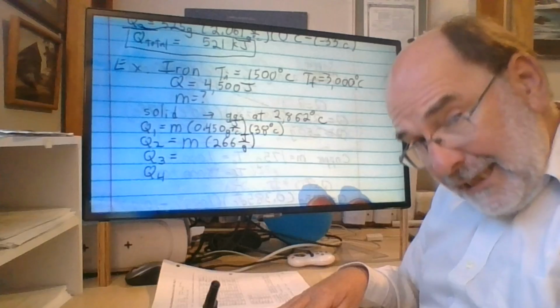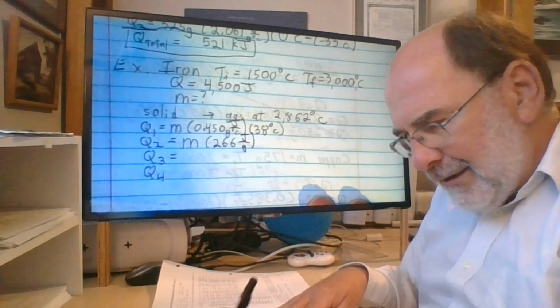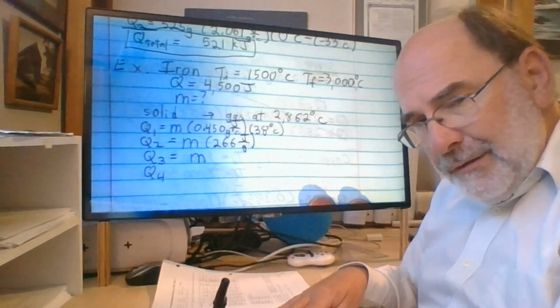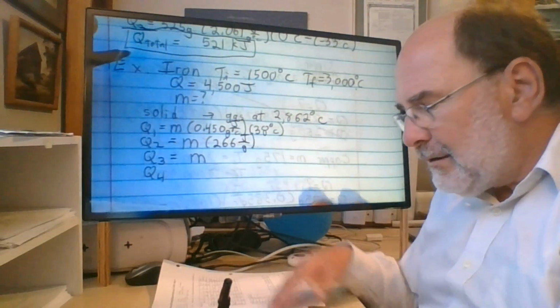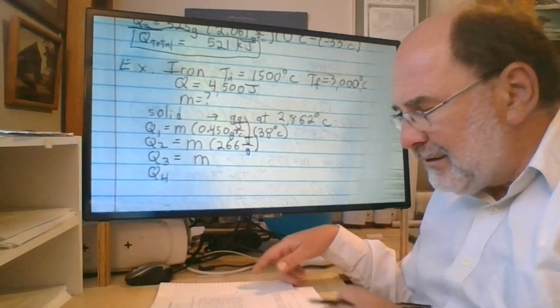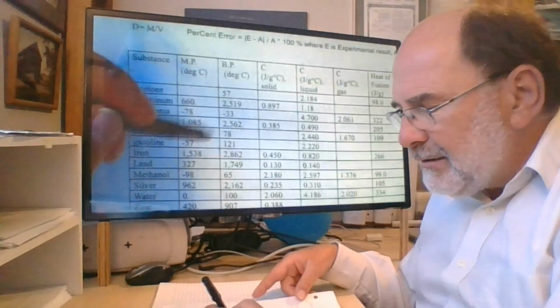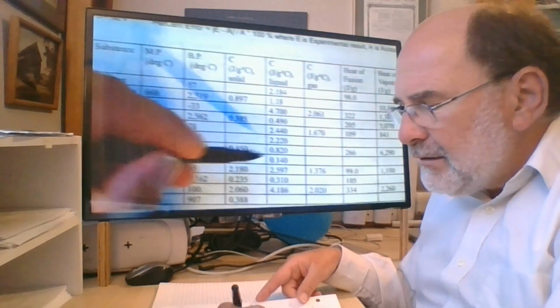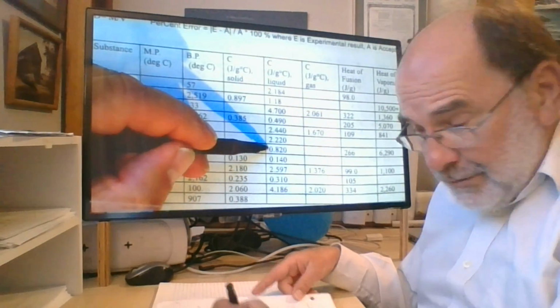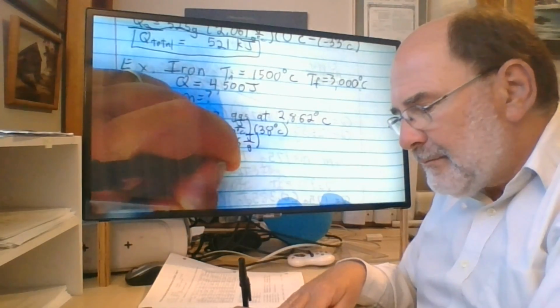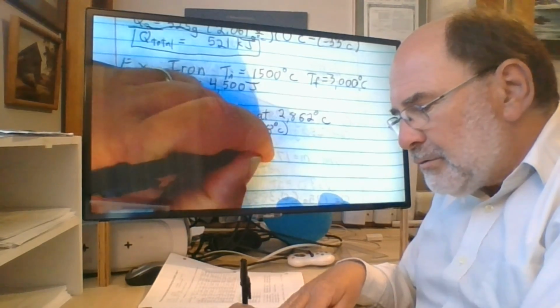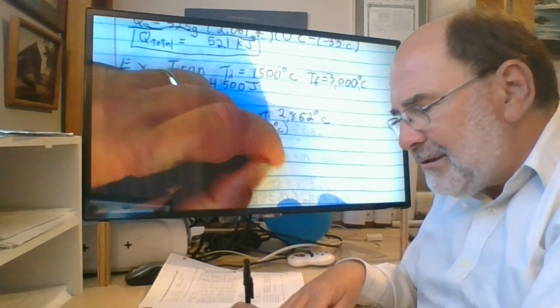Now I need to heat that liquid iron to its boiling point. So the specific heat of liquid iron is 0.820 joules per gram per degree Celsius.